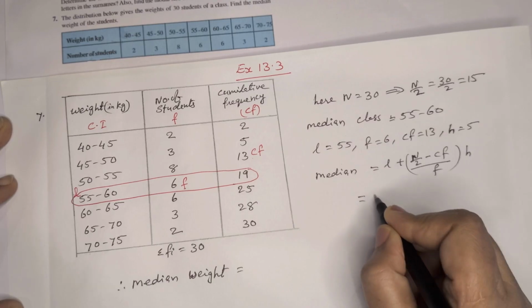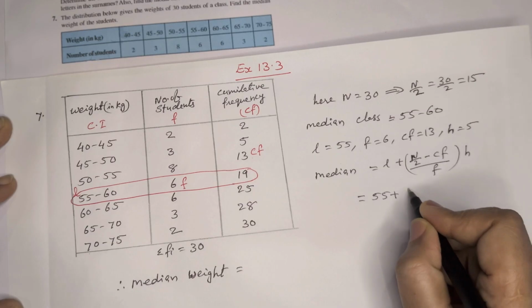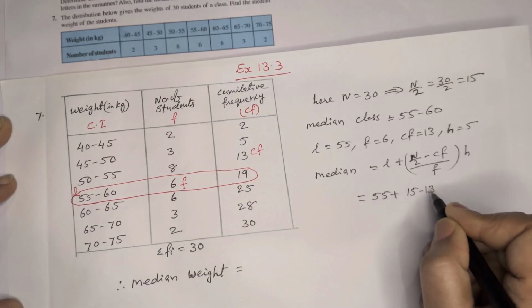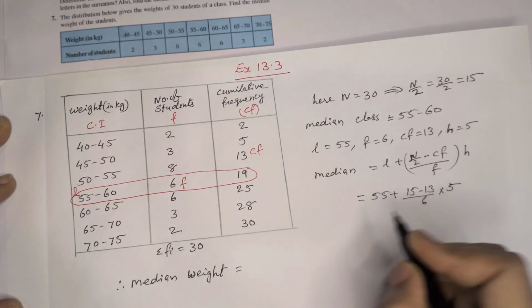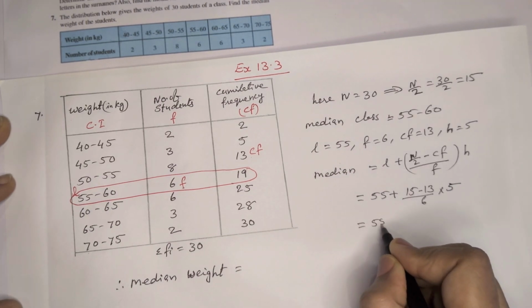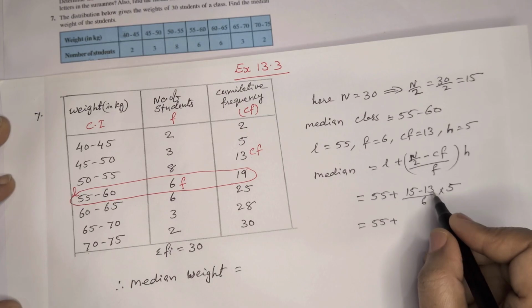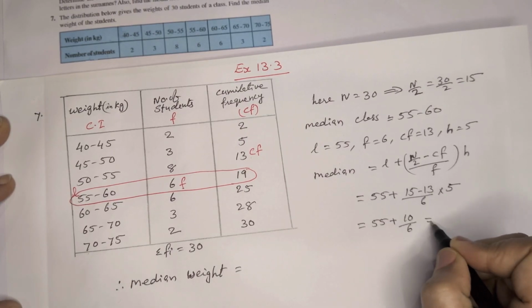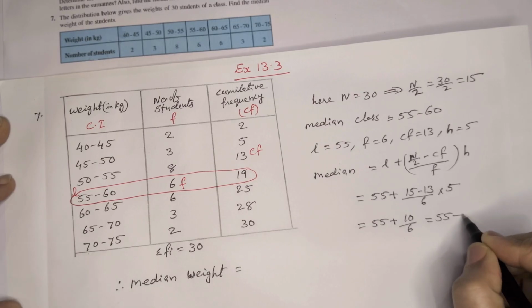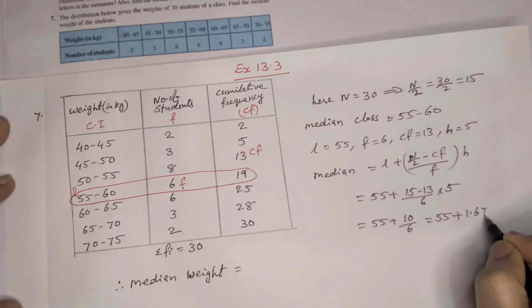So we can put the values. L, the lower limit, is 55, plus n by 2 is 15, minus 13, by 6, into 5. It is equal to 55 plus 15 minus 13, which is 2, into 5, 10. 10 by 6, it is equal to 55 plus 1.67.